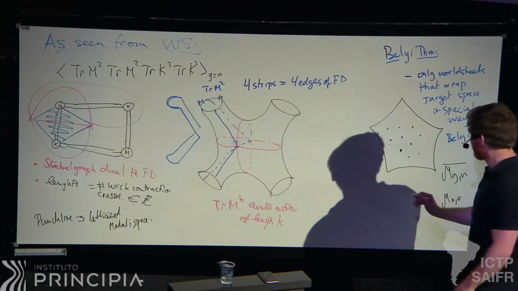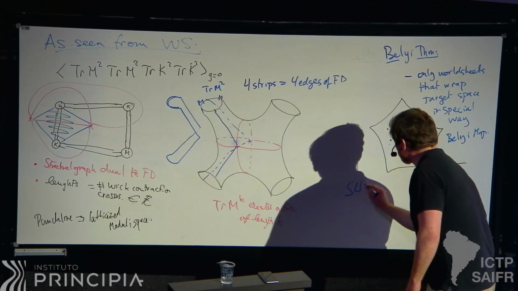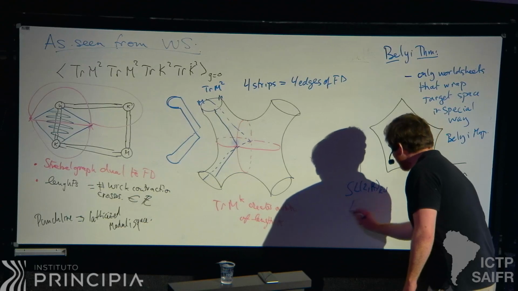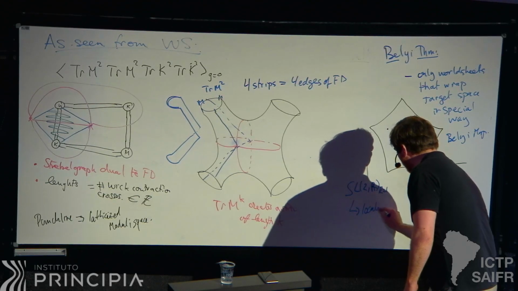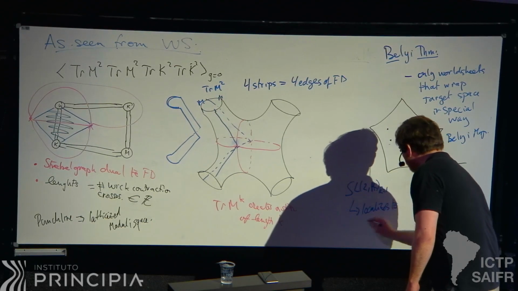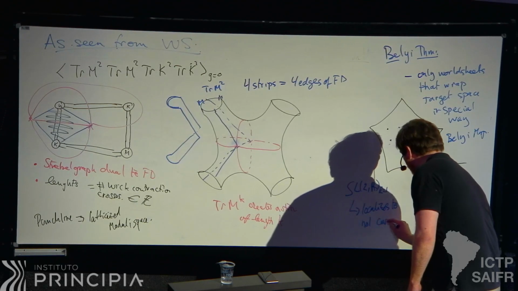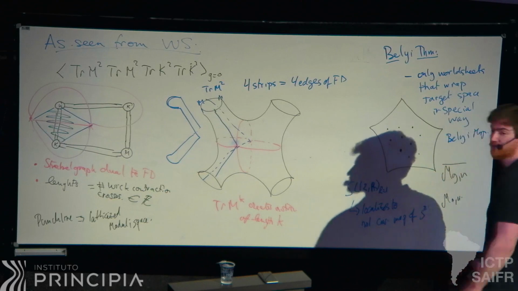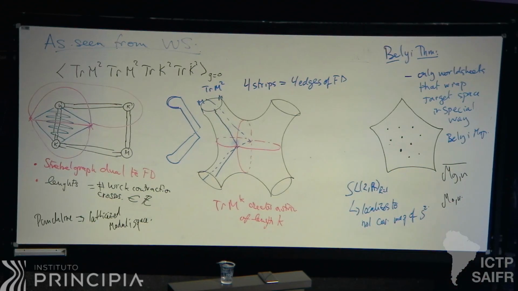And what was shown in this SL2R theory at this very special level 1 is that it indeed localizes to these holomorphic covering maps of a sphere. So what I'm trying to do right now is tell you why that's the string theory we had to land on from this derivation.